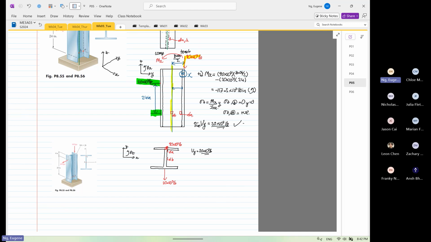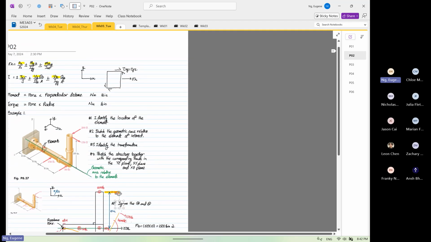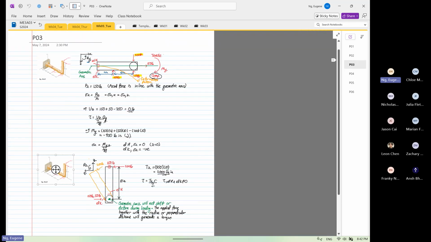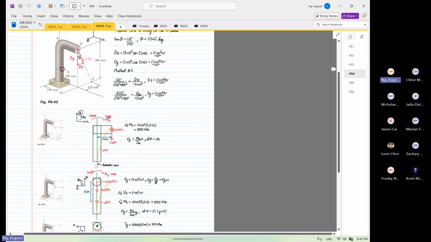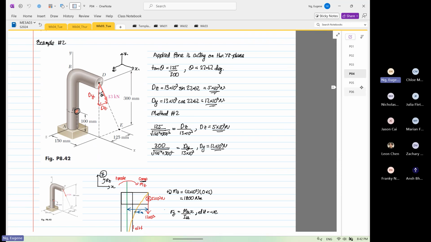You can see I can give you any loading situation. Like today, these are the few most complex loading situations that you can find in any textbook or in real life. So you need to have the confidence to identify what's the torque, what's the moment, what's the axial load, and what's the shear force.